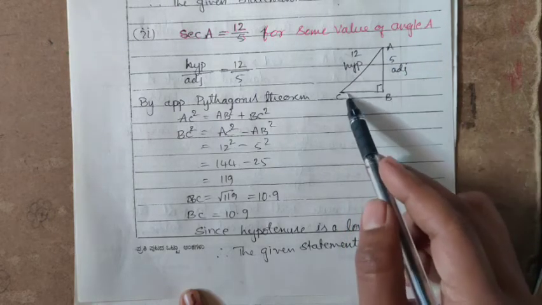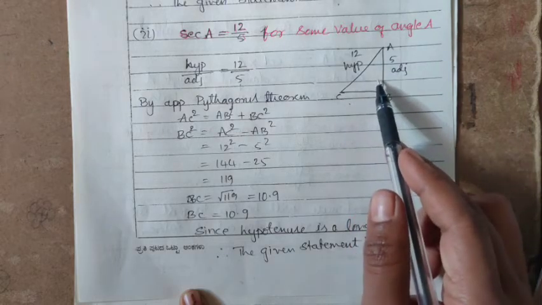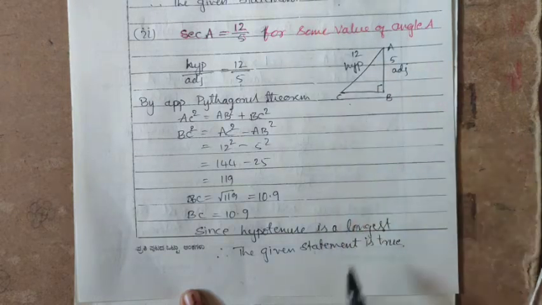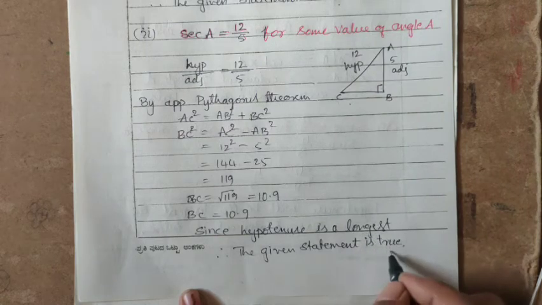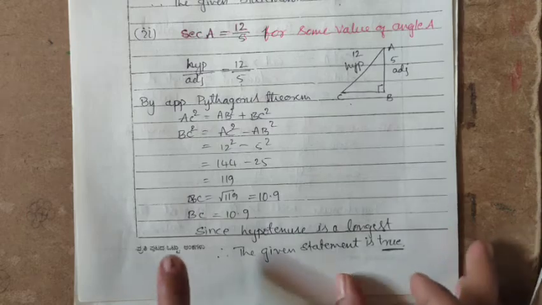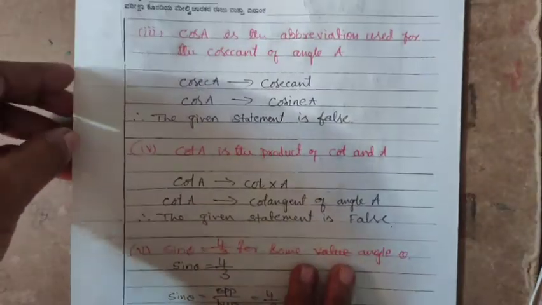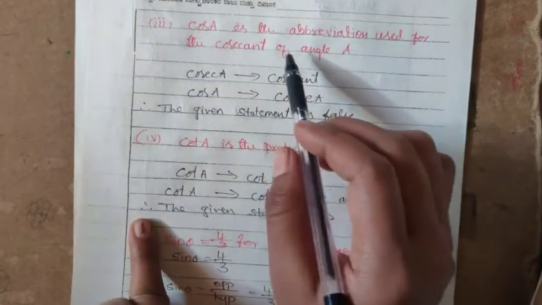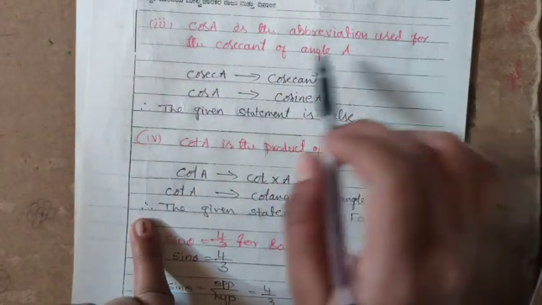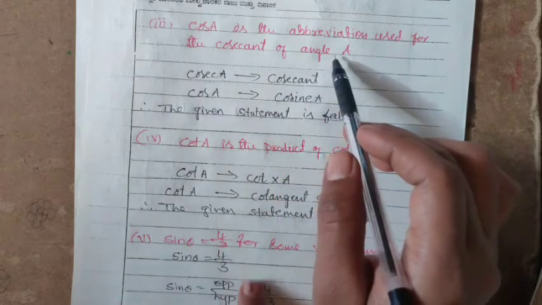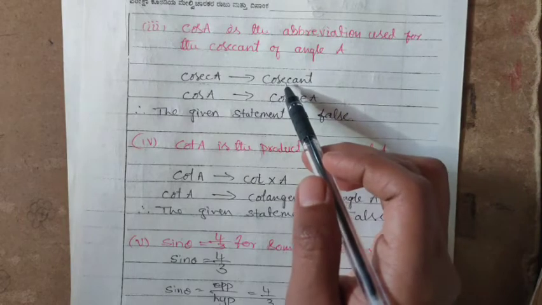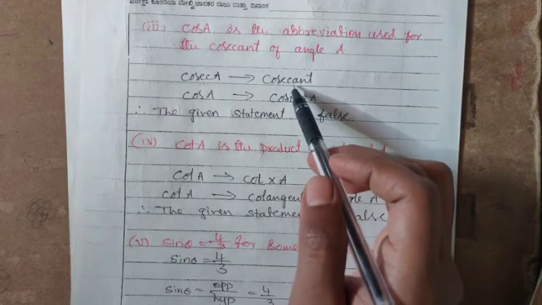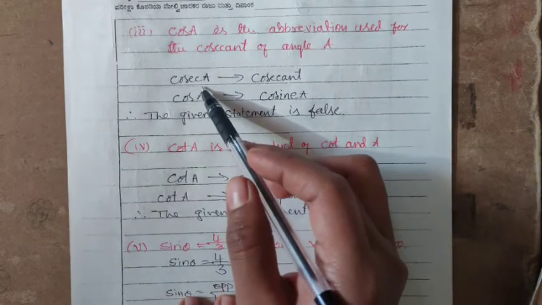This 10.9 is less than 12 because 12 is the hypotenuse side. It will be the greatest side in a right angle triangle. Hypotenuse is the greatest, otherwise the longest side. That's why the given statement is true. Now going to the third question. The third question is, cos A is the abbreviation used for the cosecant of angle A. The abbreviation of cosecant is cosec, not cos.